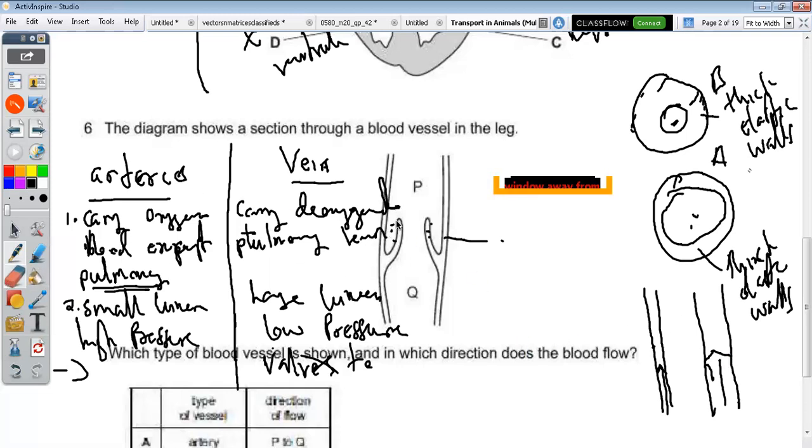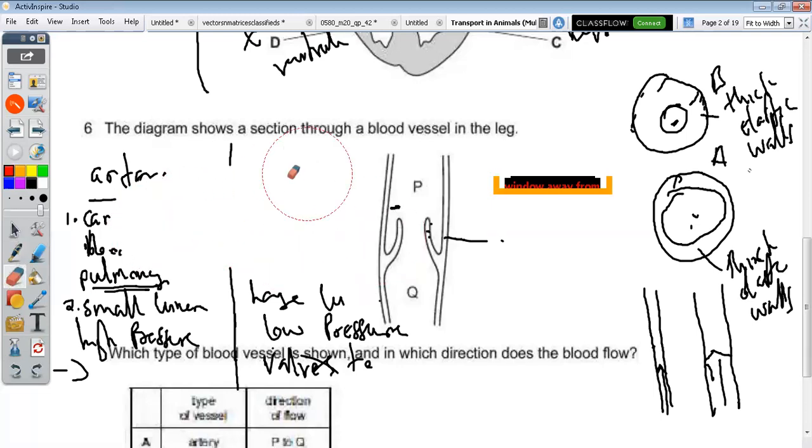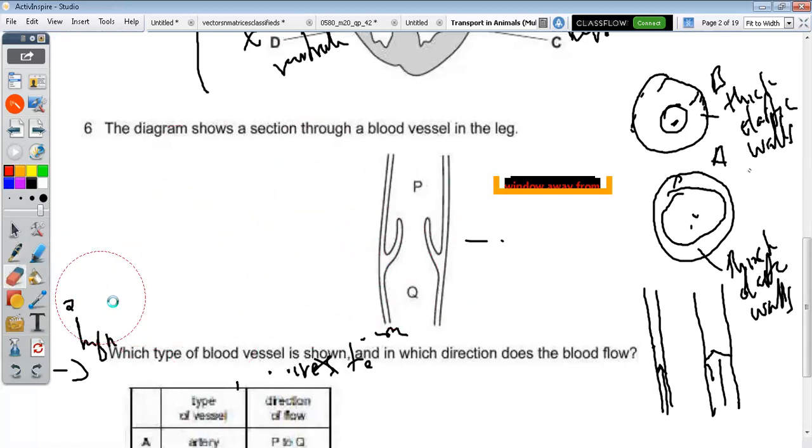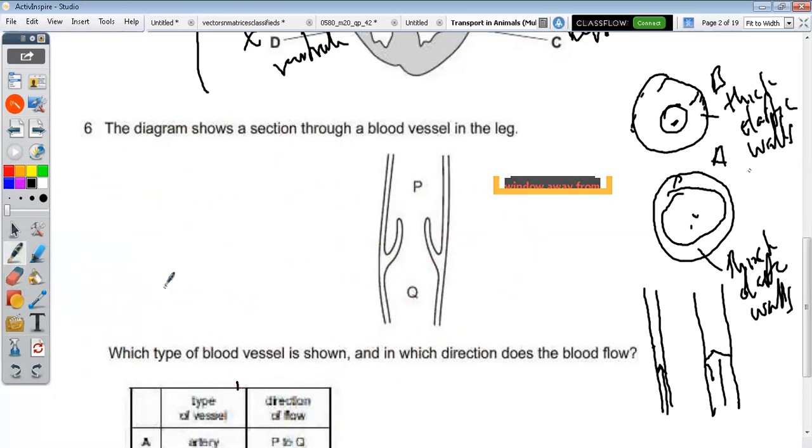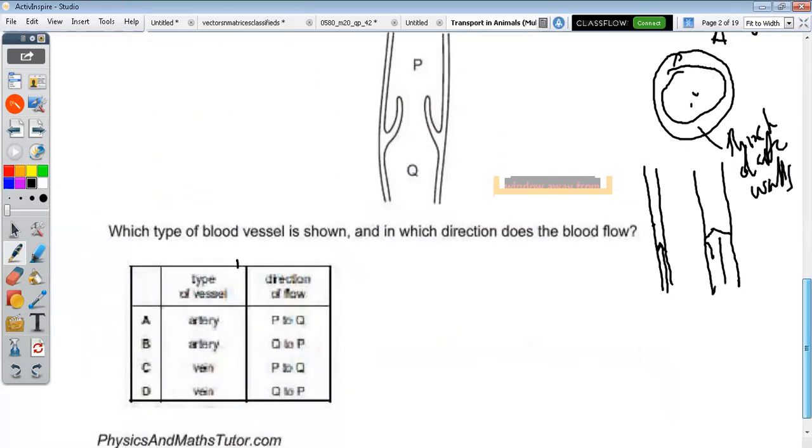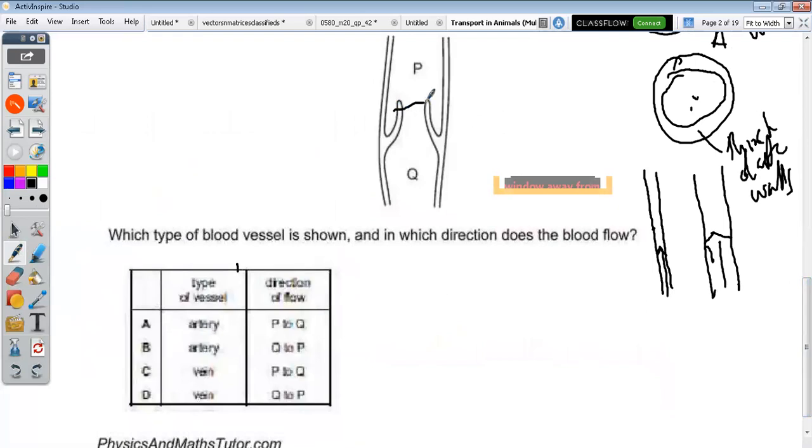Now, going back to the question. So this is straight away a vein. Why? Because I can see a valve here. You can tell in which direction the valve is going to close there. Is the blood going up? I think that's what they're simply asking. The direction of flow of blood is up. You can tell that it will close like this.